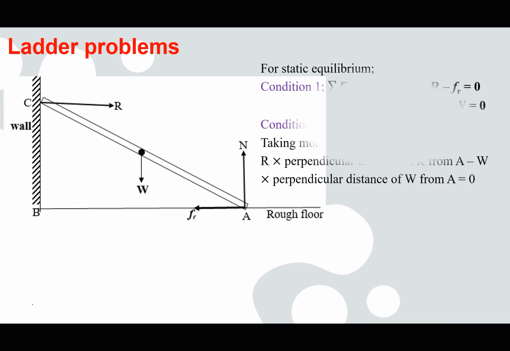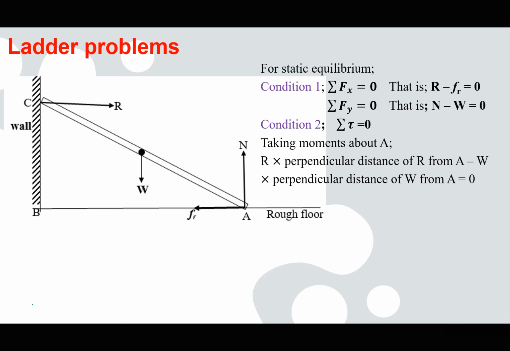If the ladder is in static equilibrium, the following conditions must be applied. Number one, the sum of forces in the horizontal should be equal to zero. In other words, the resultant force in the horizontal is zero. That's why R to the right-hand side should balance with F to the left-hand side.